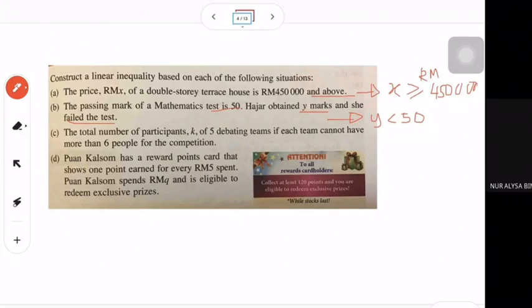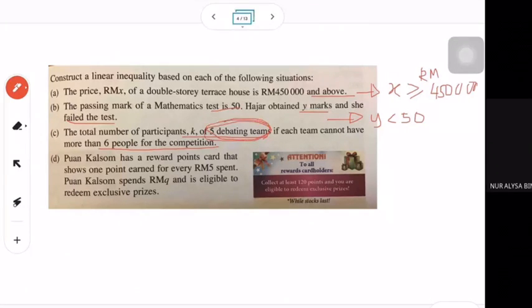The total number of participants K of 5 debating teams, if each team cannot have more than 6 people for a competition. What is this? The total number of participants. Oh, there are 5 teams. Participants are K. If each team cannot have more than 6 people for a competition. Oh, okay.